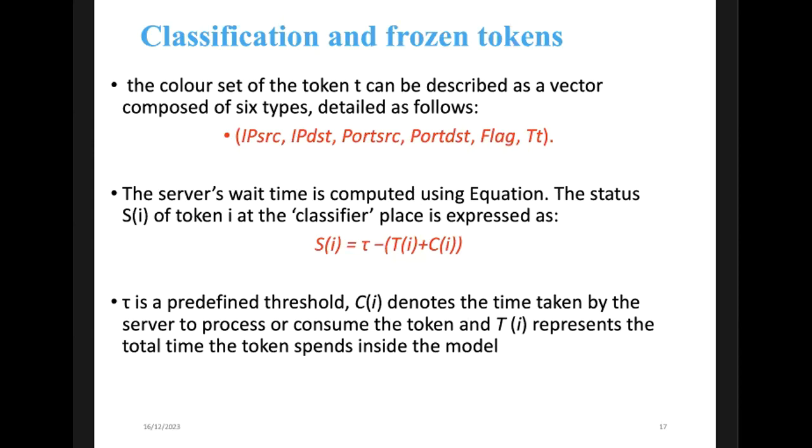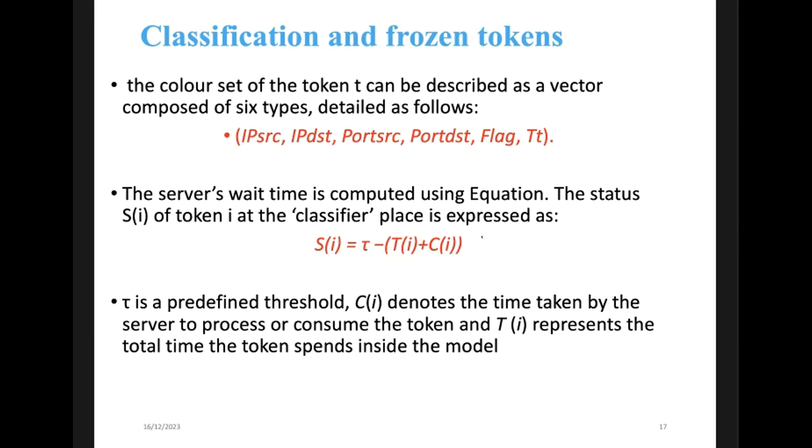So then we will calculate the time execution for each token inside the model. The time starts from the first execution of the three-way handshake inside the model, and we calculate the time execution by this equation, where tau is the predefined threshold representing the maximum allowable time the server waits to receive ACK from the client.